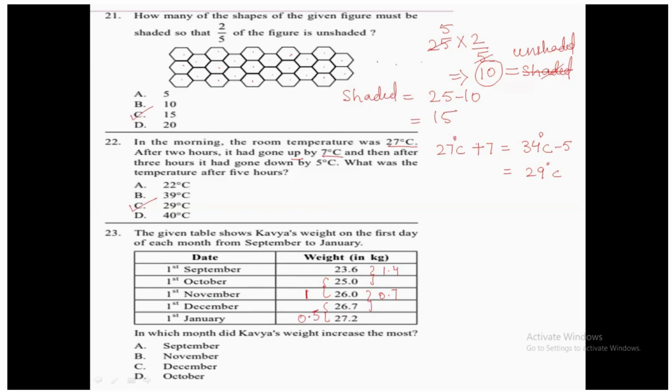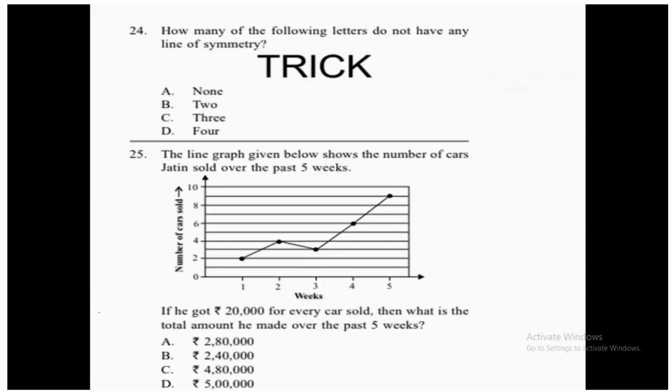The question asks in which month Kavya's weight increased the most. We can clearly see that in September her weight increased by 1.4 kg, the most. So option A is our correct answer.